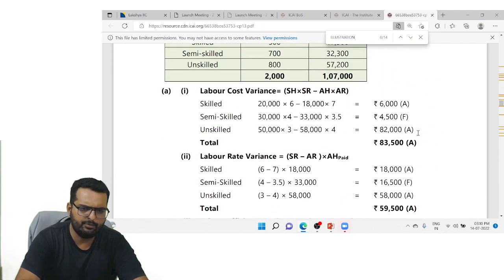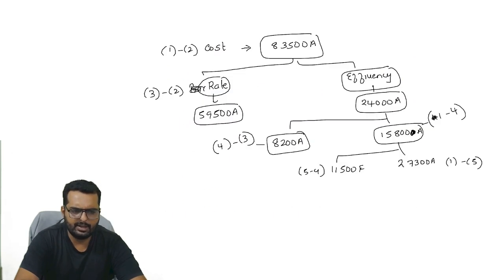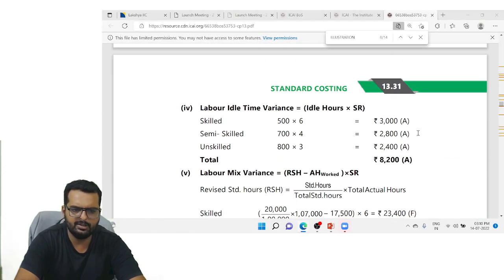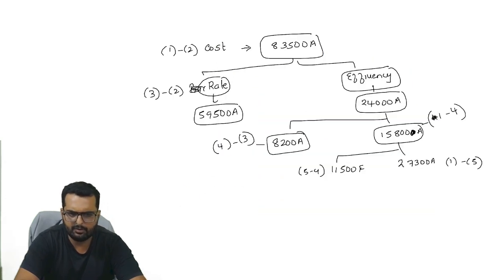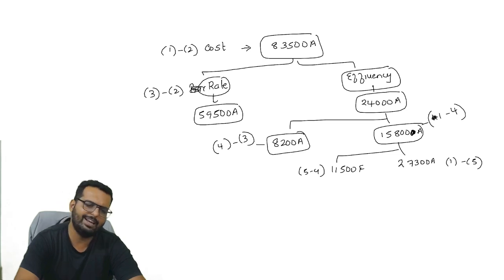So everything comes in the same picture. You have cost 59,500, then 15,800 coming down, and 8,200 is the idle time variance. And 11,500 is the mix variance and 27,300 adverse yield variance. Everything in one chart, friends. Please write this down in your books.